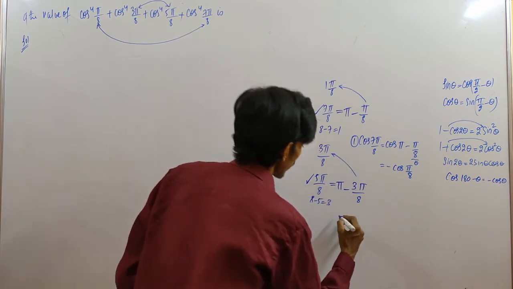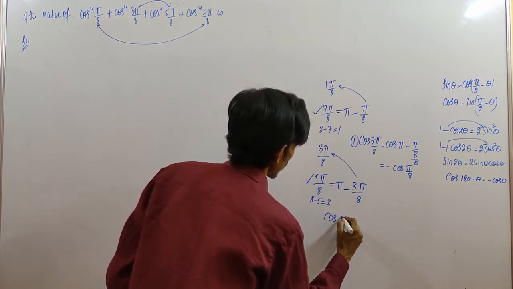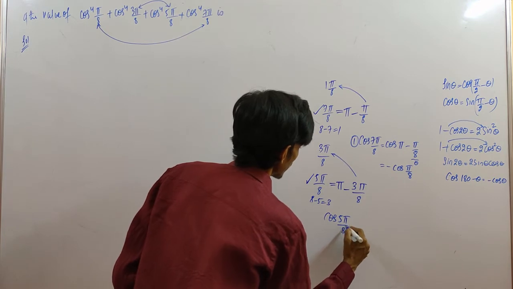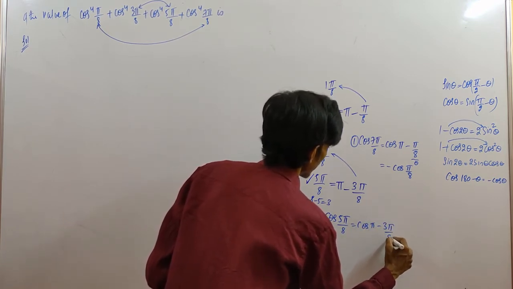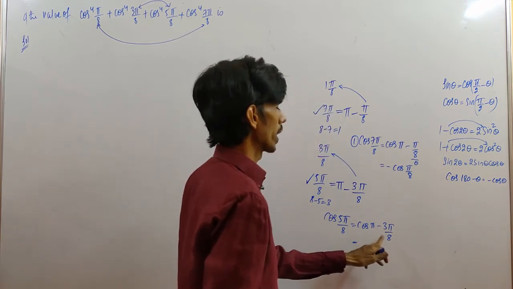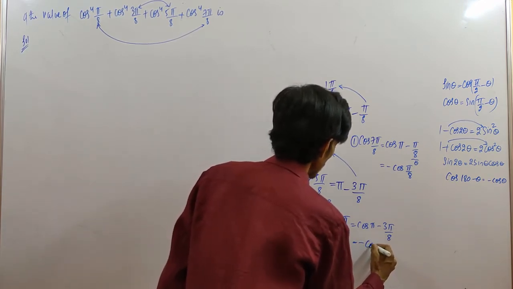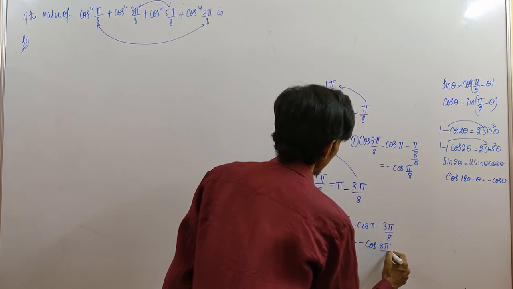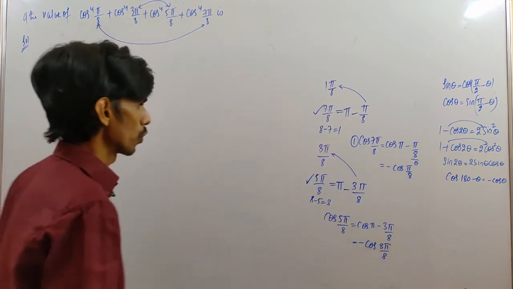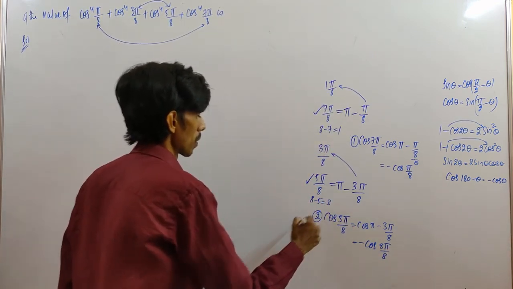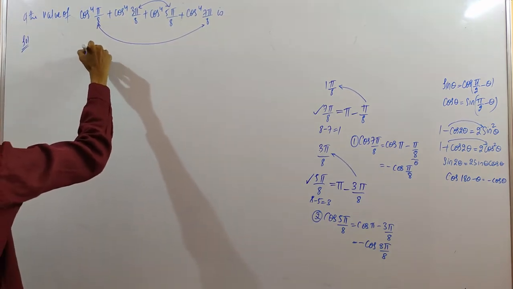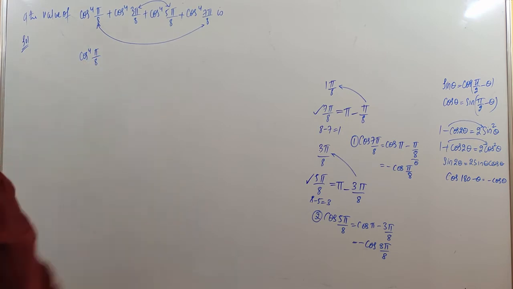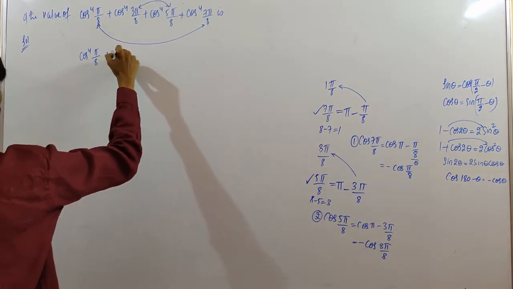Apply cos here. Cos 5 pi by 8 is equal to cos(pi minus 3 pi by 8). So this will become minus cos 3 pi by 8. So we got these two values. Write down cos power 4 pi by 8.